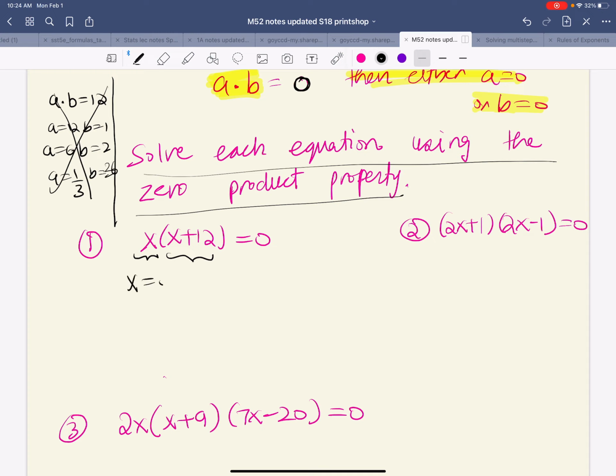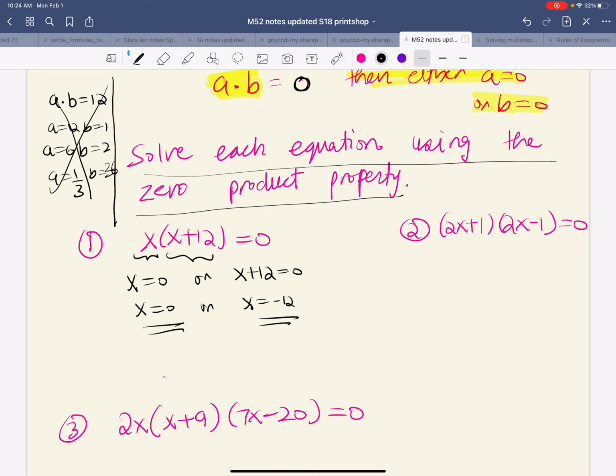Either A must be 0 or B must be 0. So that means I can say either x is 0 or x is negative 12. So these are my two solutions for this equation. These two solutions will make it equal. My left and right-hand side would turn into 0 if that's the case.